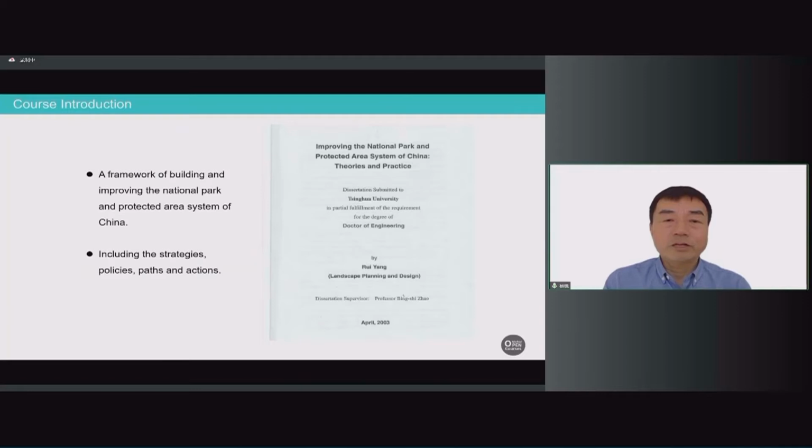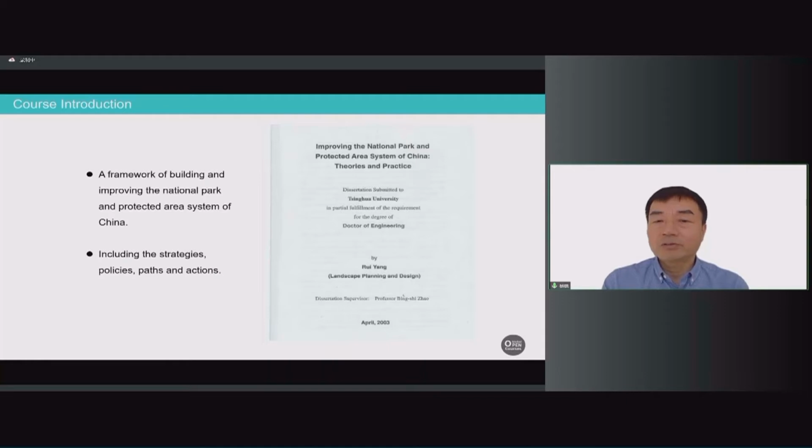In 2003, I finished my PhD dissertation with the name of Improving the National Park and Protected Area System of China, Theories and Practice. And I put forward the mentioned objectives of Chinese national parks and protected area system.